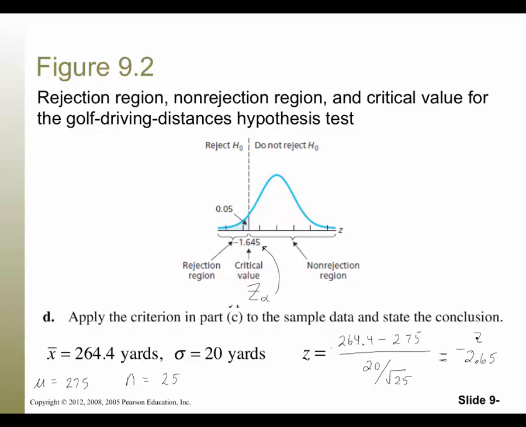So we're comparing this Z to this Z. Reject or do not reject the null hypothesis? Reject. In fact, it's pretty bad, right? It's not even close to negative 1.645. He's way over here. So that driving average of 264.4 is way down here at negative 2.65.